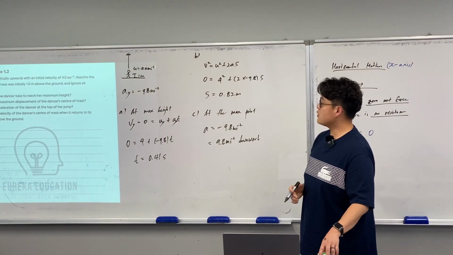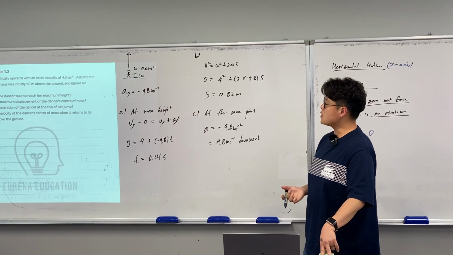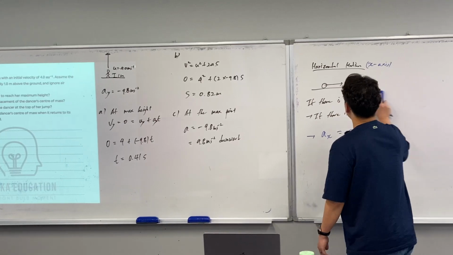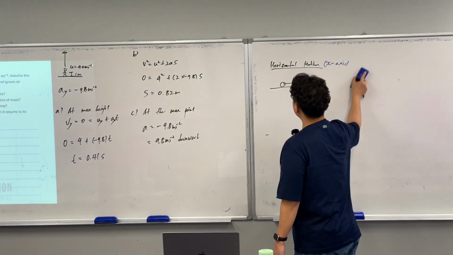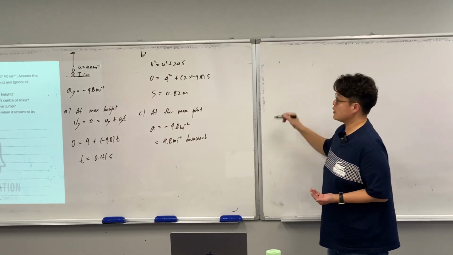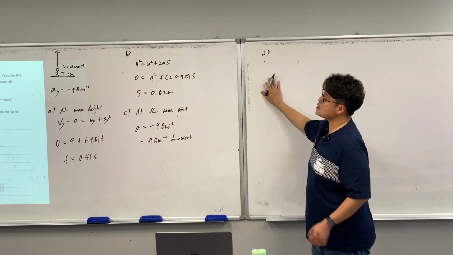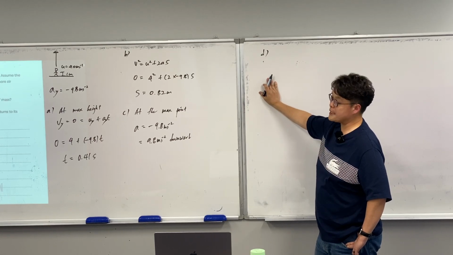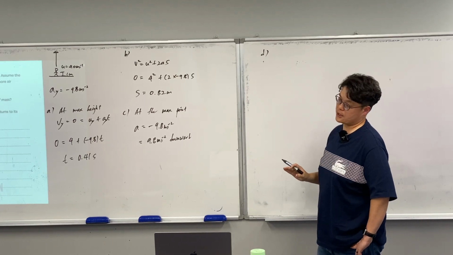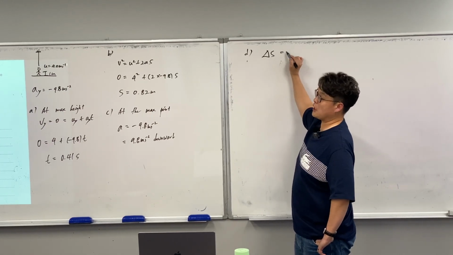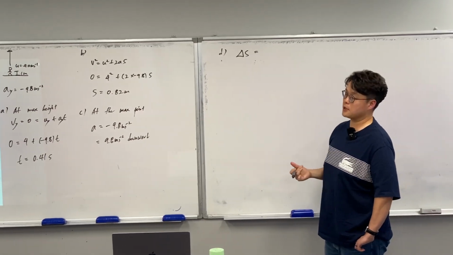D, calculate the velocity of the dancer's center of mass when it returns to the original height above the ground. Now, we may use an assumption, but let's actually solve that using some calculation and prove it. What we know is if the jumper jumps up from 1 meter and comes back to the same height, what would be the change in position, or displacement?